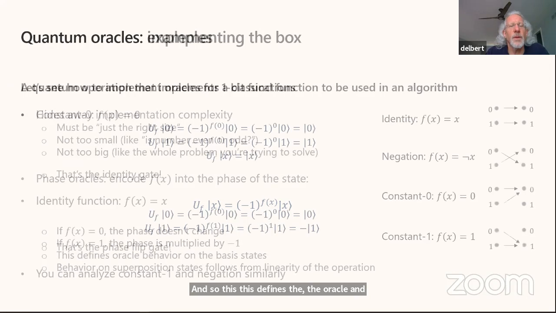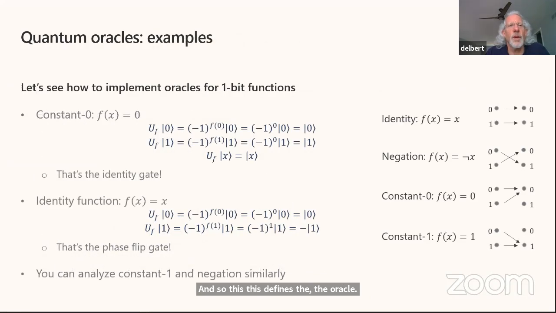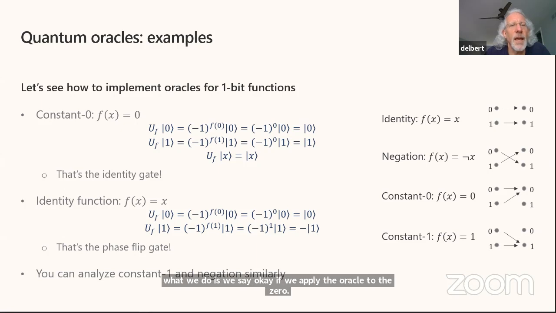And what we can do here is show you a couple of examples. If our function is constant 0, then the oracle needs to be in this form here. If we apply the oracle to the 0 state, we should get 0 back.